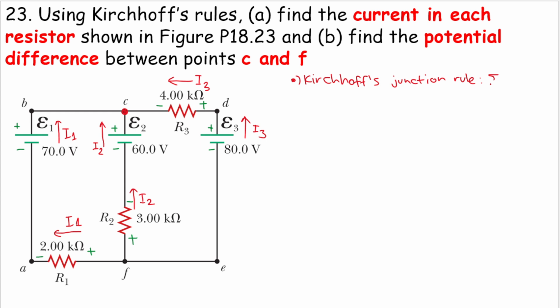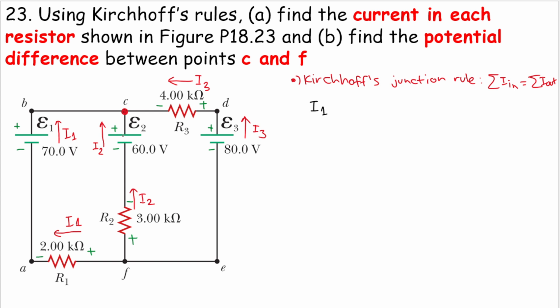It says that the sum of the current that goes in will equal the sum of the current that goes out. And if you see here at point C, I1 is going into point C. So let's write that. I will have I1 on the left hand side.